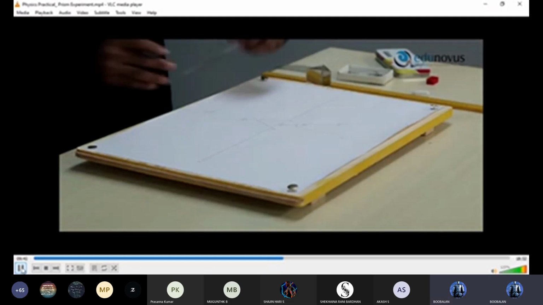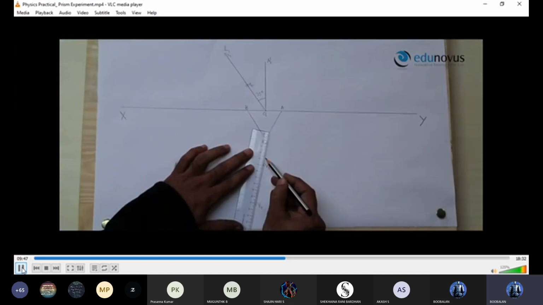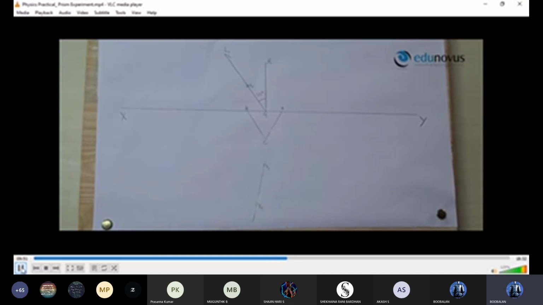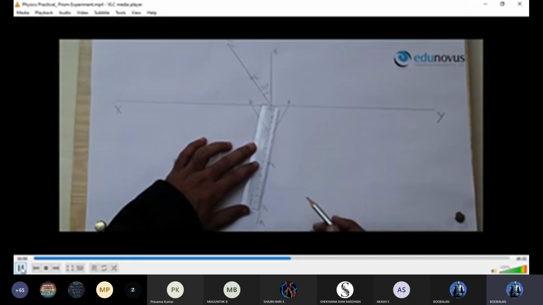They will say how easy or difficult it is. Just extend the line. Kindly observe.